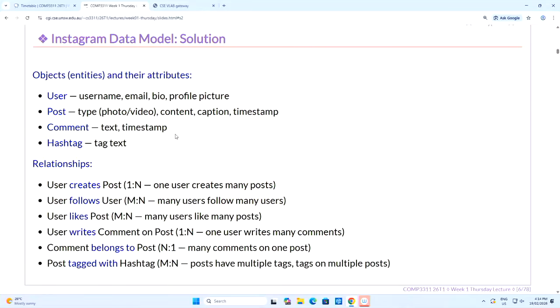Between users and posts, who do you think has total participation in that relationship? If you're a user, do you have to create a post? No, right? There's always a friend who doesn't post anything on Instagram, and he always follows a bunch of strange accounts, but he never posts anything. So for user and creates, the user does not totally participate in that relationship.